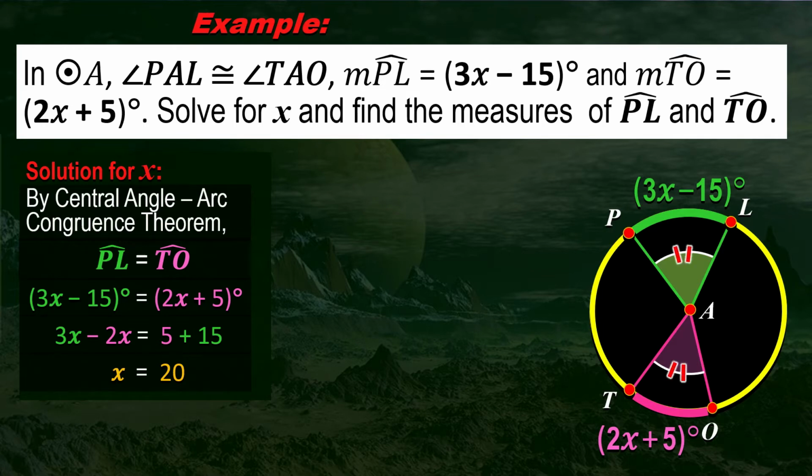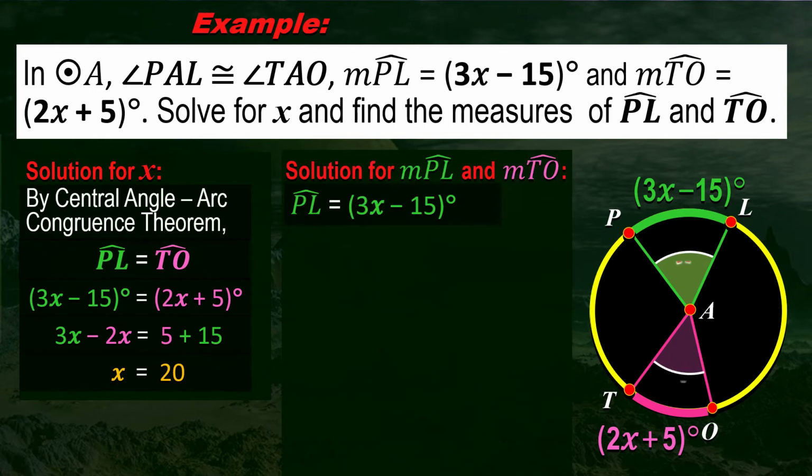Ibig sabihin, ang value ng x natin ay 20. Now, ang pangalawang tanong ay find the measure of arc PL and arc TO. Dahil nakuha na natin yung value ng x, gagamit lang tayo ng substitution.